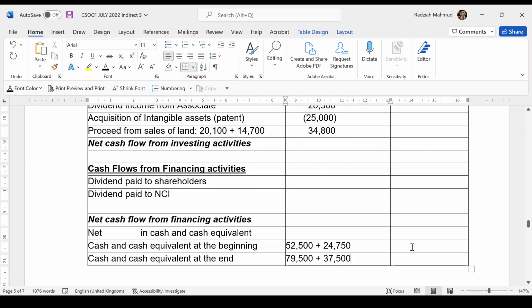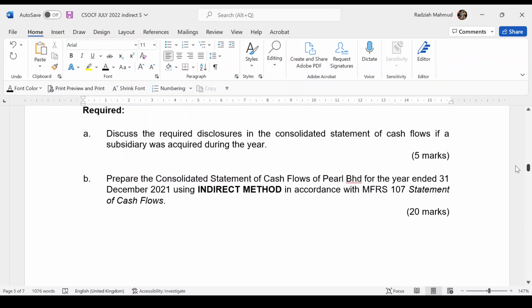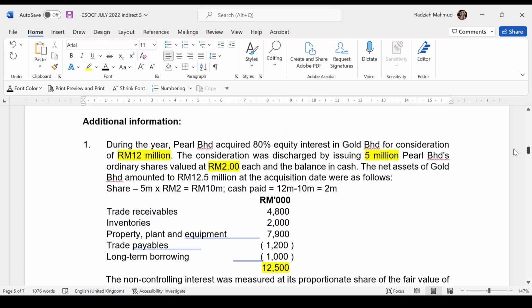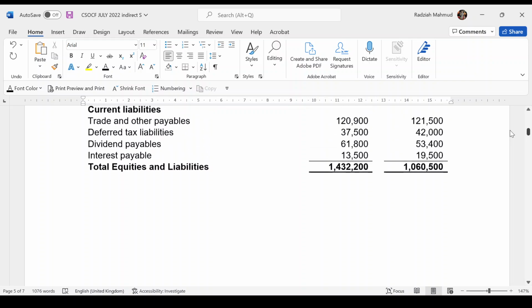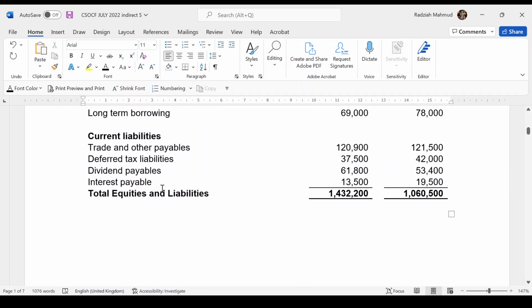So we can find the total here. We should look at current liabilities. We have overdraft. There is no overdraft, so we are safe. If we have overdraft, we need to deduct that one first.